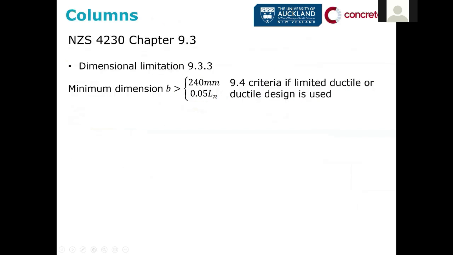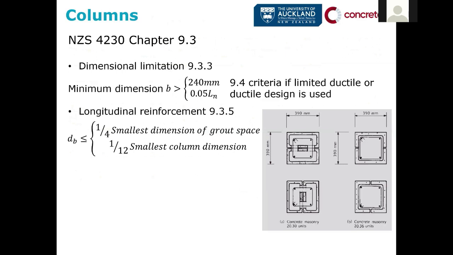Right, so it's chapter 9, chapter 9.3. We have a similar limitation for the dimension. The numbers are slightly different. Instead of 120, now we need 240. And we have specific criteria if we use ductile or limited ductile design. But we are focusing, remember, on elastic and limited ductility.